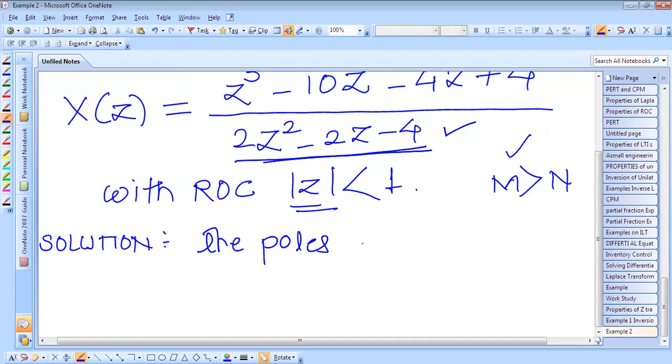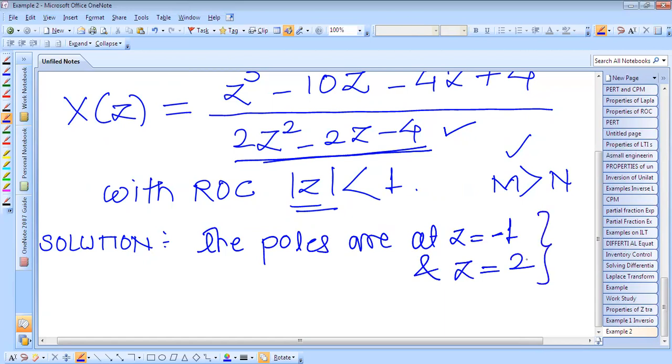So poles are at z equals -1 and at z equals 2. These are found from the denominator polynomial equation.